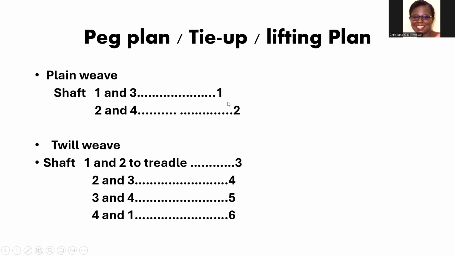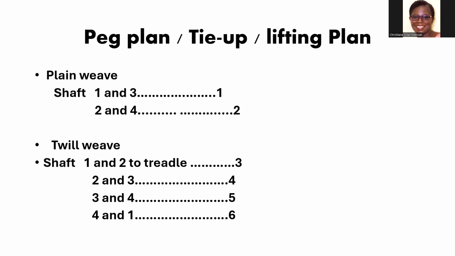The next treadle after 2 is for 3. Then 2, you take 2 again, 2 and 3 to treadle 4. Then when you see 3, you shade 3 and 4. So 3 and 4 to treadle 5. Then when you see 4, you shade 4 and 1. So 4 and 1 to treadle 6. So that is the tying up for the loom.